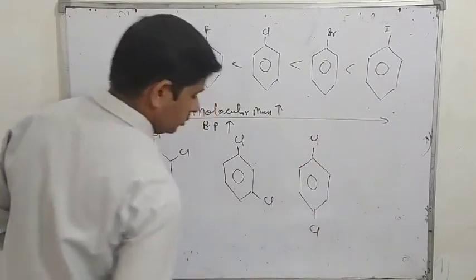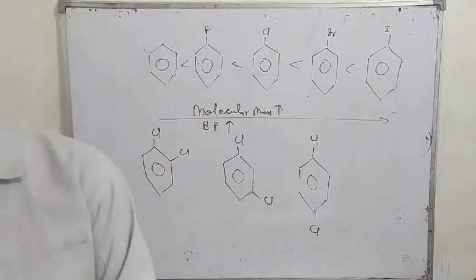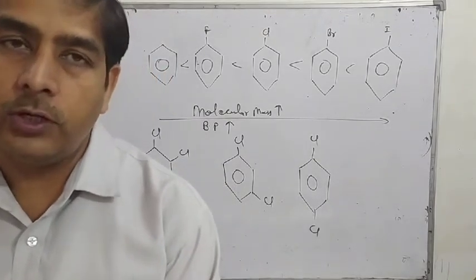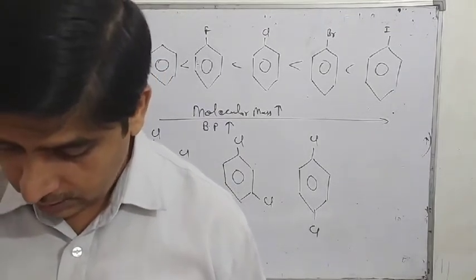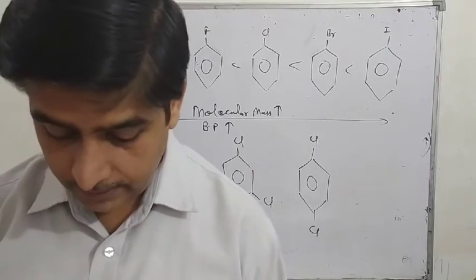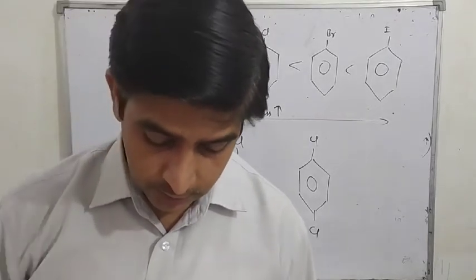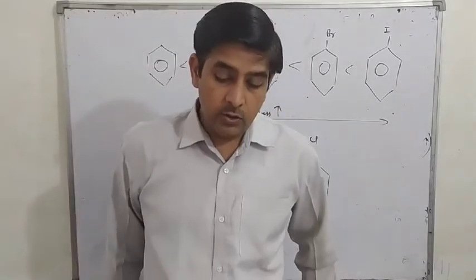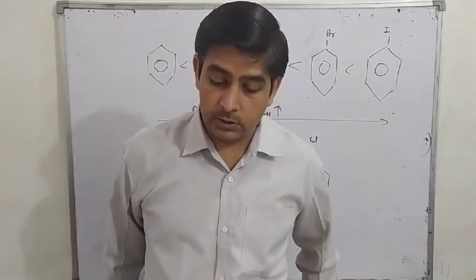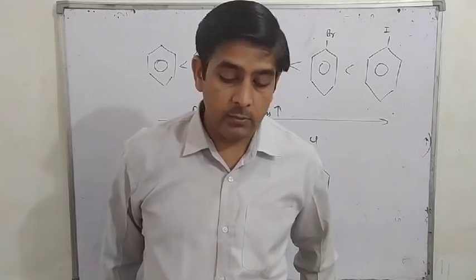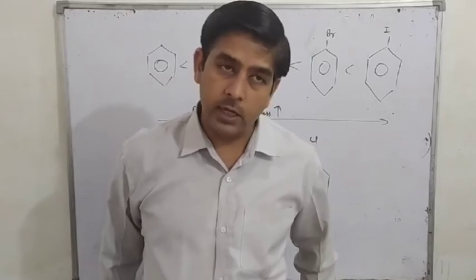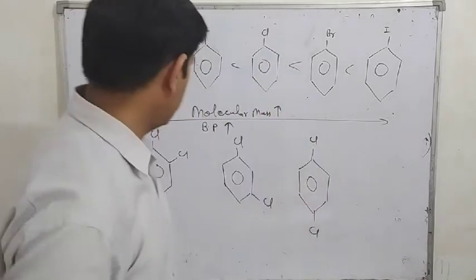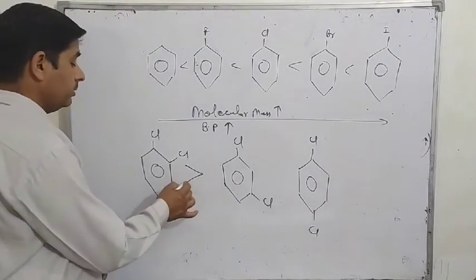Okay. So here we have two factors which affect the boiling point of halobenzene, and these factors are, first we talk about boiling point, which has greater boiling point. Actually, out of these halogen compounds, we have greater boiling point in ortho dichlorobenzene. Ortho dichlorobenzene has greater boiling point.